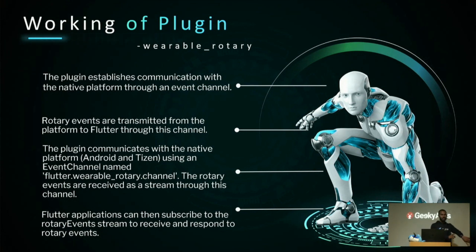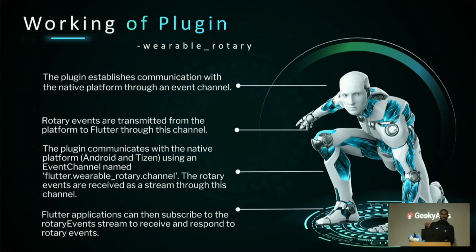On a device, if you rotate the bezel, you know the bezels, right? This thing. If you rotate the bezel, the motion is captured by the plugin and it interacts with the application, which is already present in Kotlin. And this rotary plugin uses that Kotlin code. I'll show it to you in a moment to communicate with our applications.